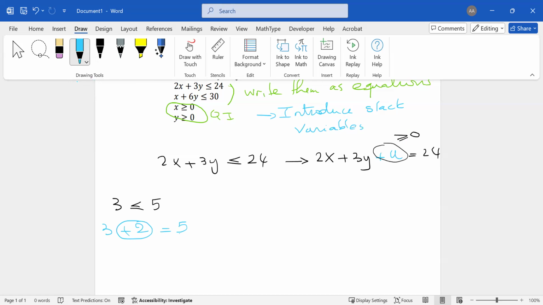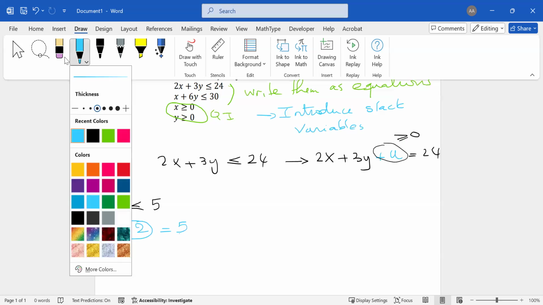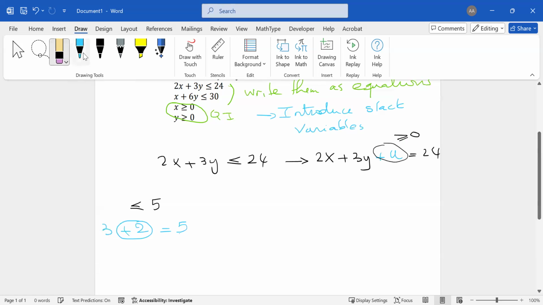Now, we were able to know it because 3 is known, but if I just say, prove to me that x is less than 5, then you can say, I know x is less than 5 because there is another variable, which I call u, that we need to add to x to get 5, and that u has to be positive. That's it. This is the same thing we did here.